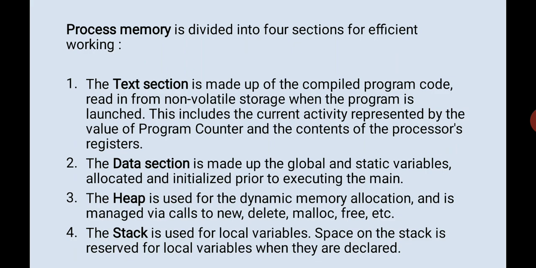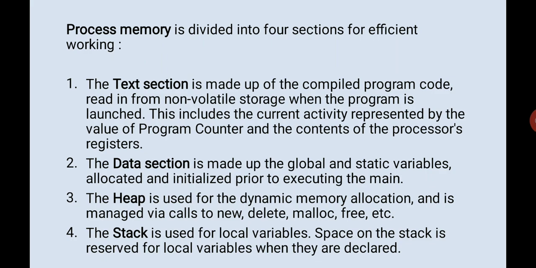Next is heap. The heap is used for dynamic memory allocation and is managed via calls to new, delete, malloc, free, etc. The stack is used for local variables. Space on the stack is reserved for local variables when they are declared.